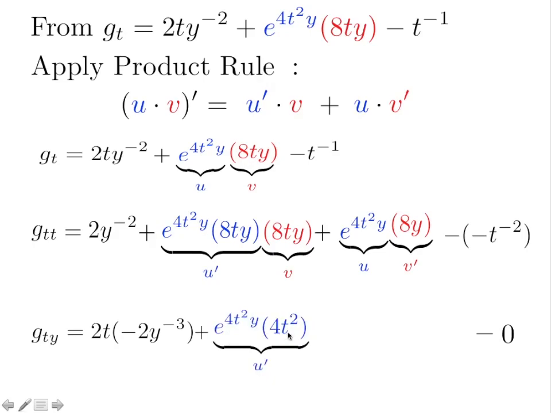Remember, this is with respect to y. Then multiply with v plus u times v prime. Once again, this is the partial derivative with respect to y. So derivative of v with respect to y is just at.